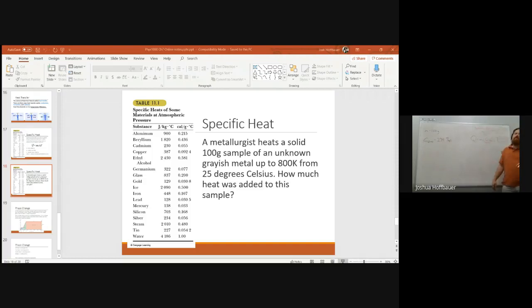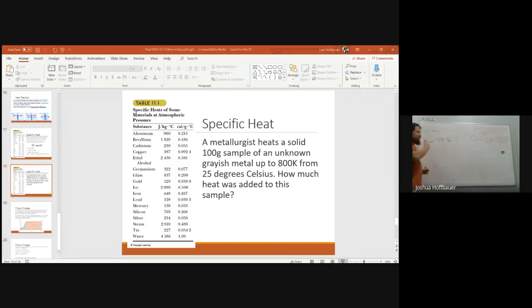Because every different material has a different specific heat, you will not be expected to remember any of them. You will have access to a table like this on your formula sheet, or the question will give you every other piece of information and then you solve for specific heat. So we're going to assume that we have 100 grams of silver.